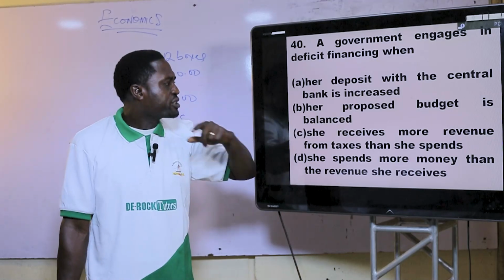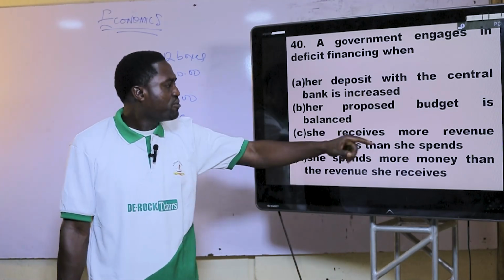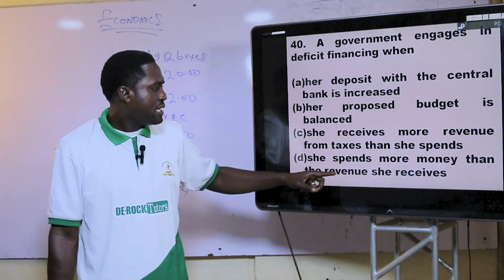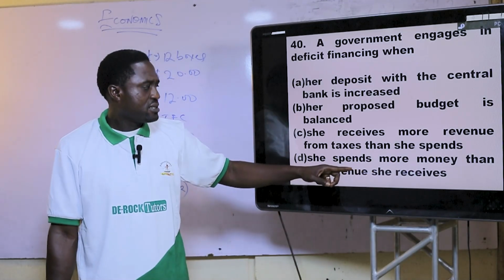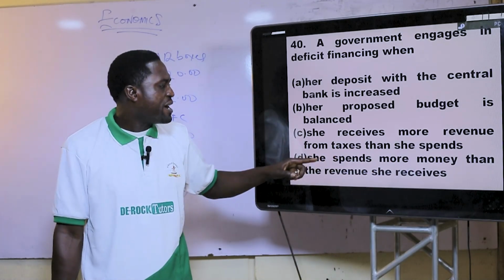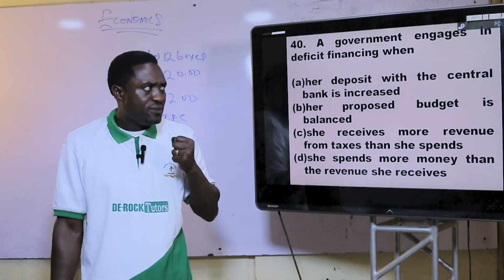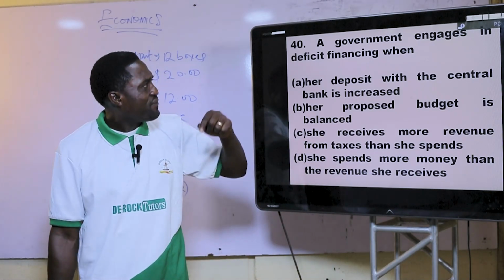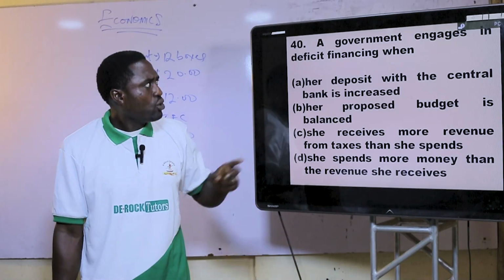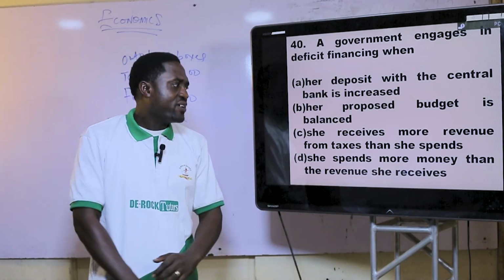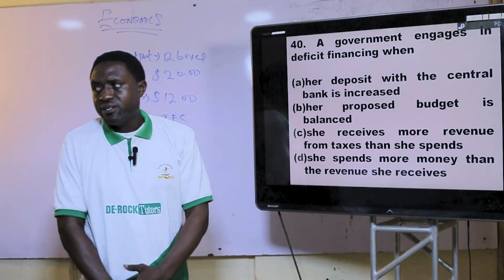No. A proposed budget is balanced? No. She receives more revenue from taxes than spent? No. She spends more money than the revenue she receives. This is it. When you spend more than the revenue you receive, that is deficit financing. The next question.